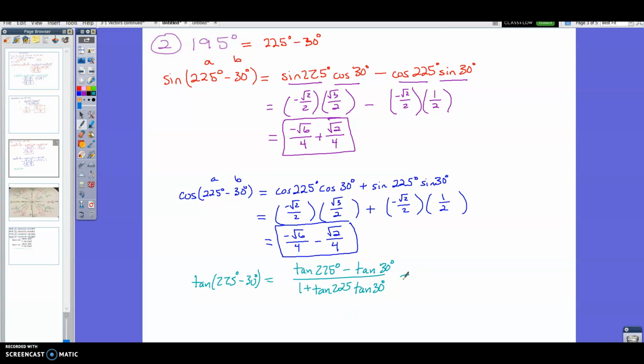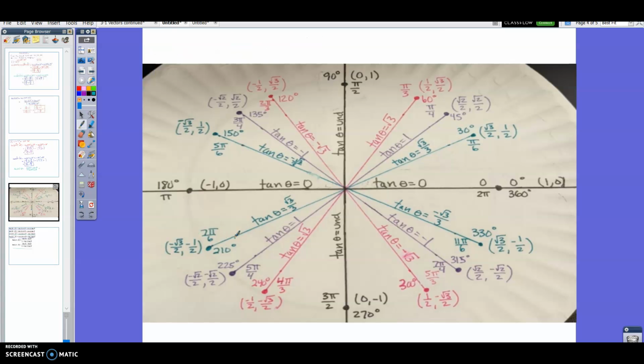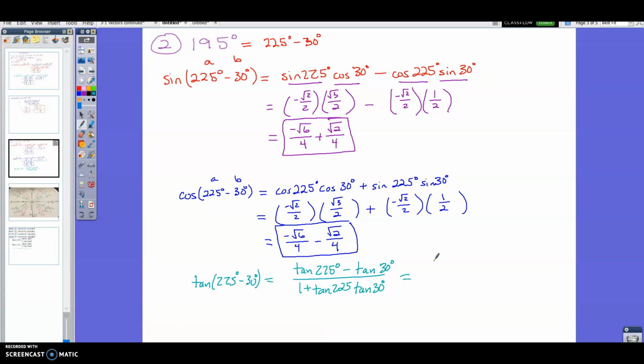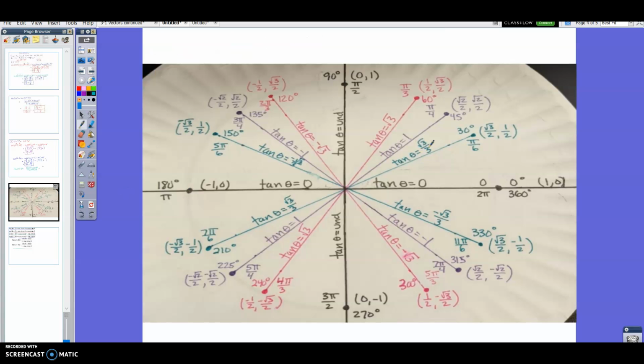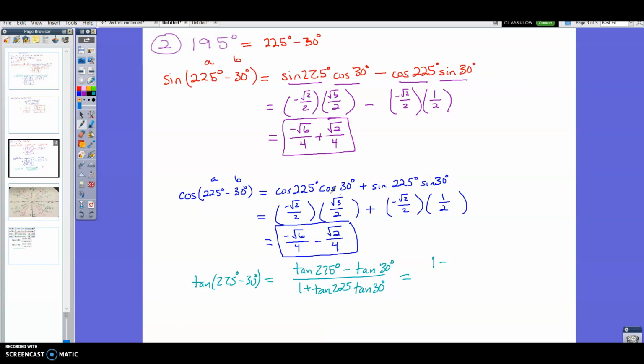So again, we're going to fill in the values for tangents. So a tangent of 225, tangent there is 1. And then the tangent at 30 degrees is the square root of 3 over 3. So that's what we're going to put in for that one. Now these numbers at the bottom are going to end up being the same.